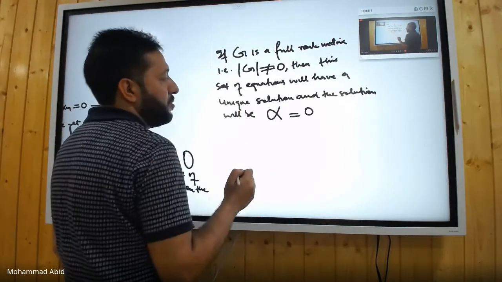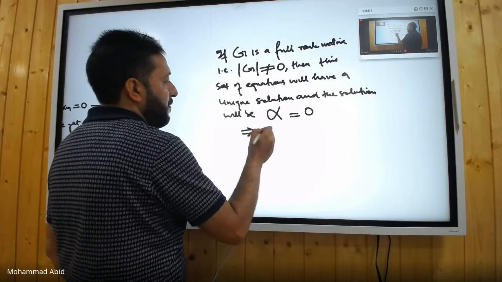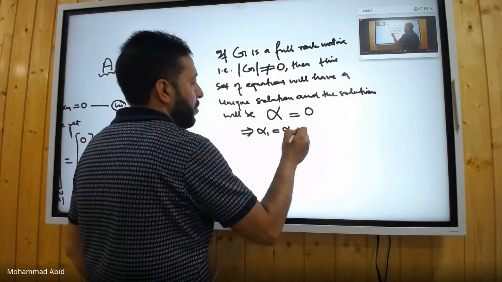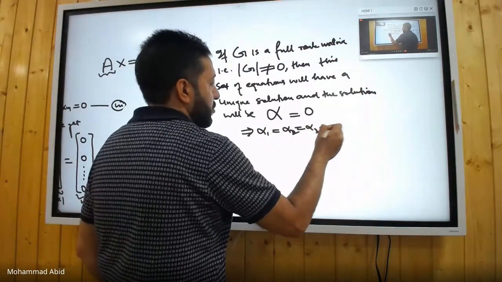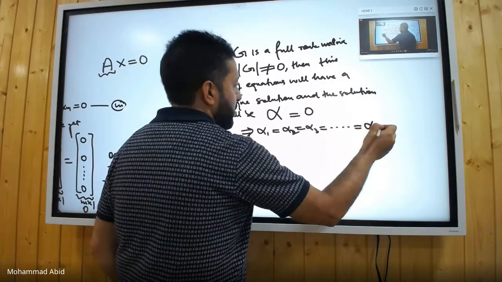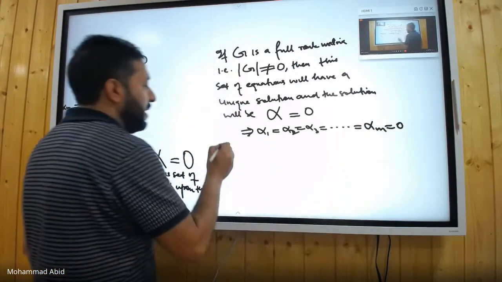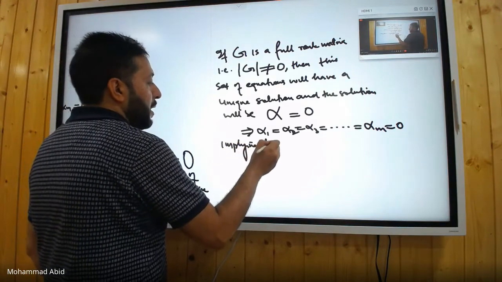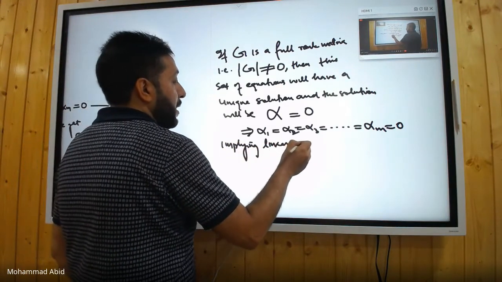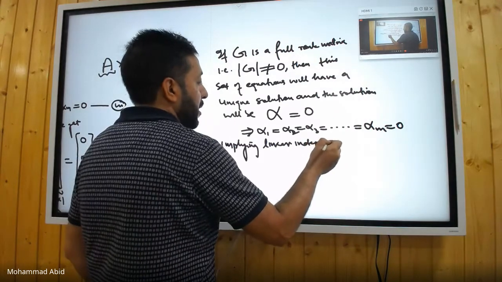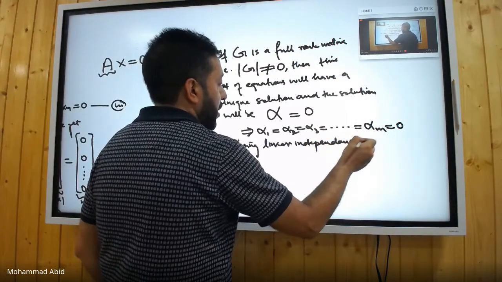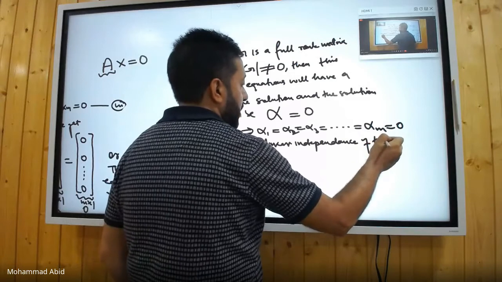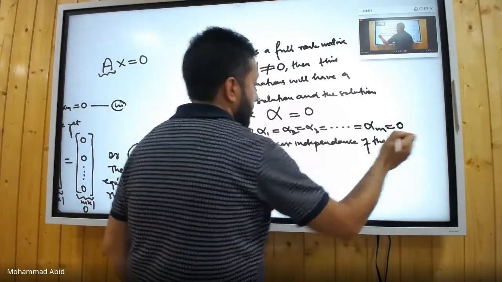That means all alphas equal to 0, which actually implies alpha 1 equal to alpha 2 equal to alpha 3 is equal to so on is equal to alpha m is equal to 0, implying linear independence of the given set of vectors. Do you get me?